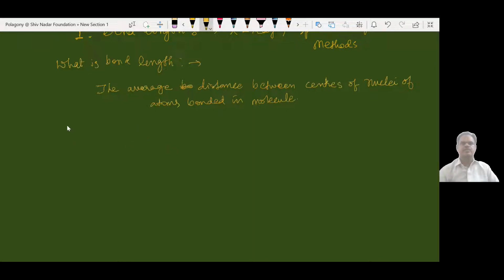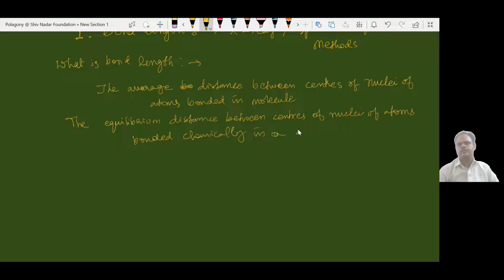The more comprehensive definition is that the equilibrium distance between the centers of the nuclei of atoms chemically bonded in a molecule is called bond length.